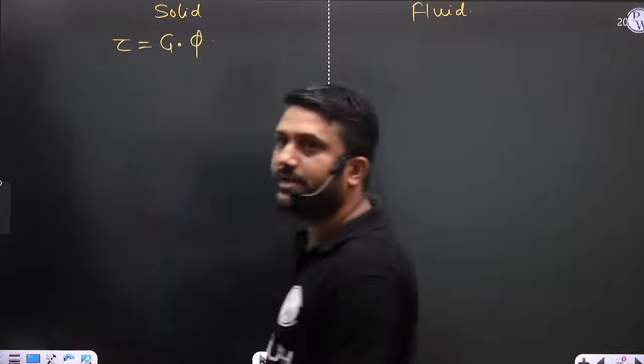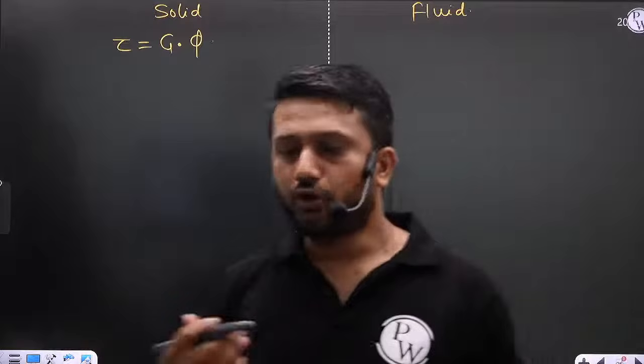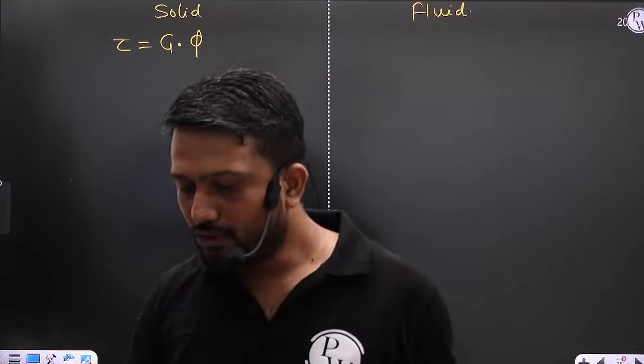Tau is equal to G multiplied by phi. Modulus of rigidity or shear modulus.